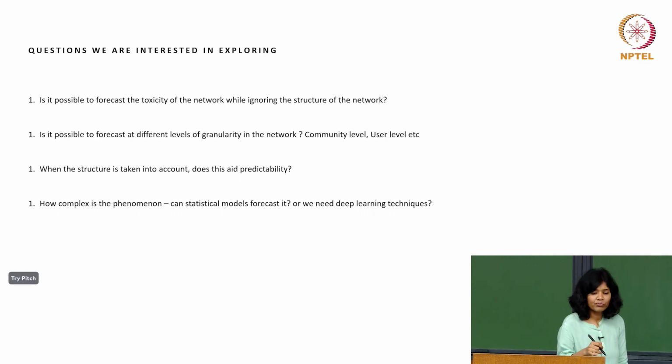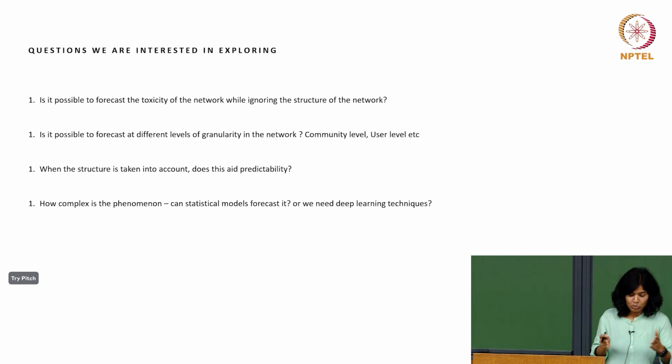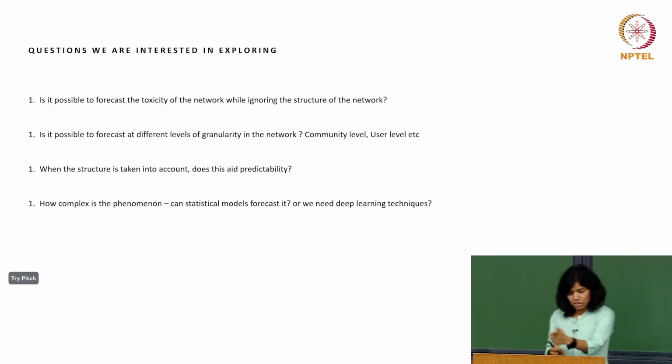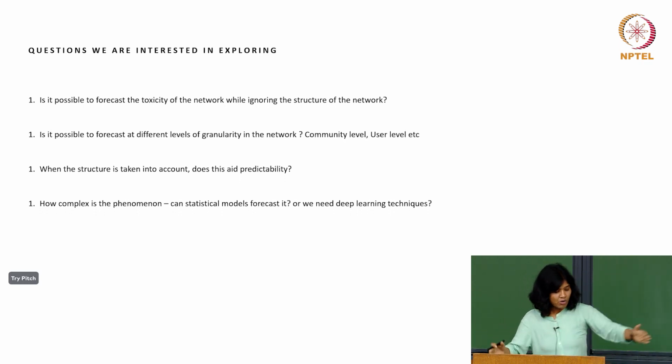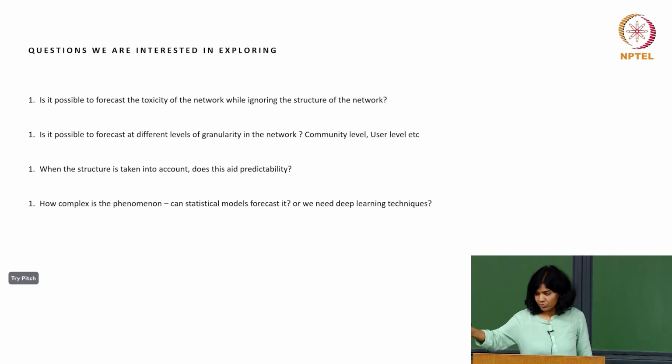So we posed this question to ourselves: can we use time series based forecasting for toxicity prediction? Let's say I have the toxicity of the network on day 1, day 2, day 3, day 4, day 5, day 6. Using this, can I forecast for day 7?